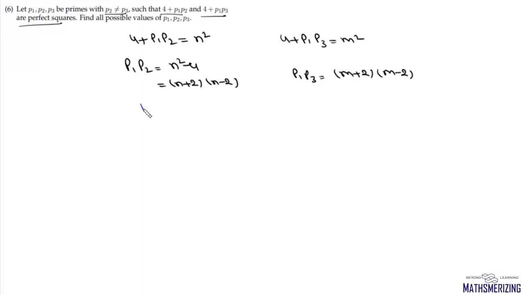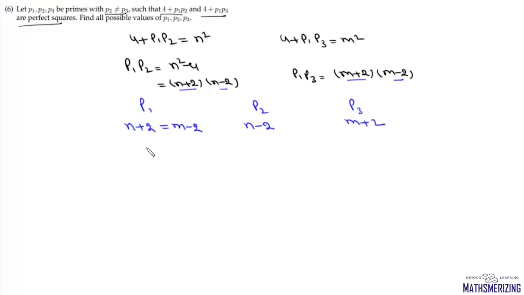Now we'll write possibilities for P1, P2 and P3. Now P1 cannot take both the values n plus 2, m plus 2 or n minus 2, m minus 2, because in that case n will be equal to m, then P2 and P3 will be equal. So we'll consider the case when P1 takes the value n plus 2, then P2 takes the value n minus 2. Now P1 also takes the value m minus 2, and P3 takes the value m plus 2.